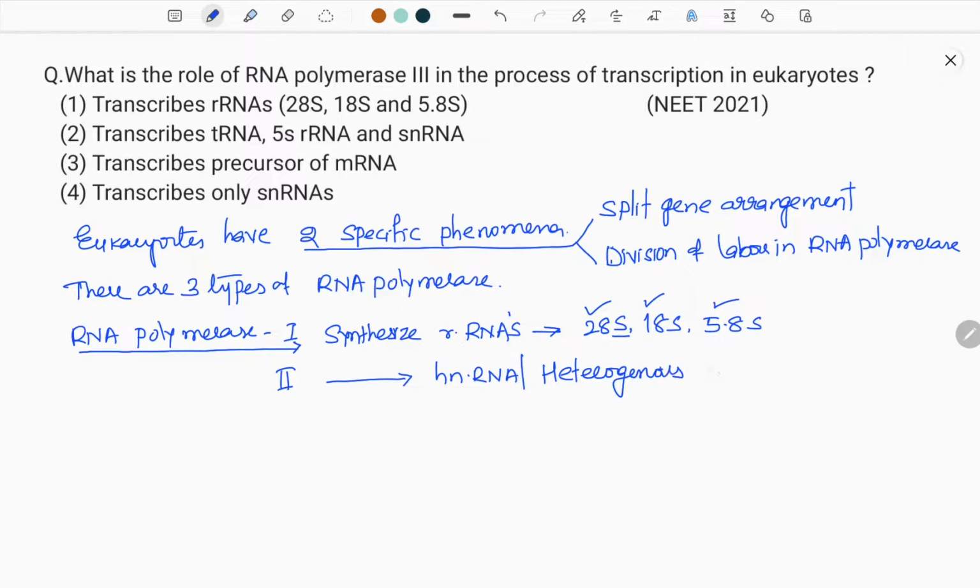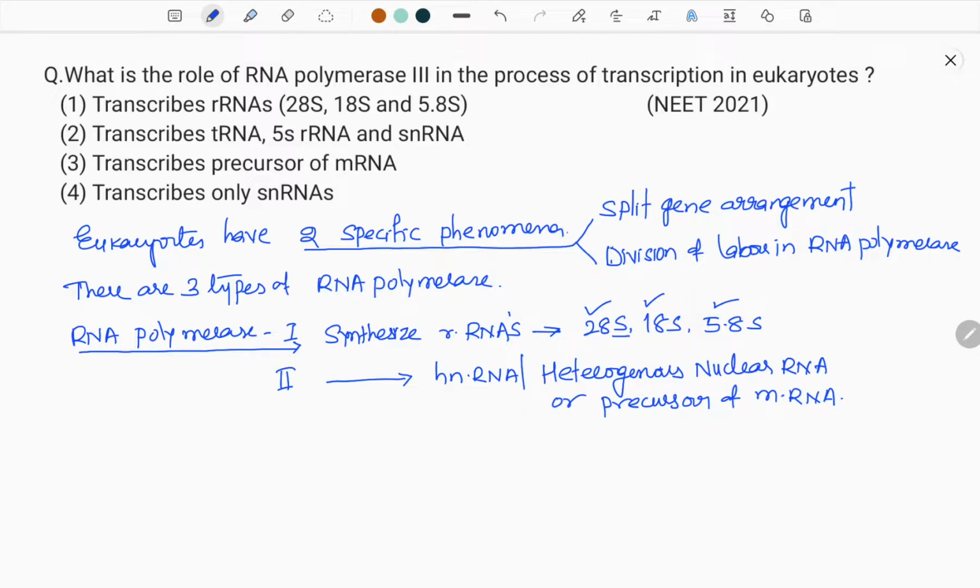Because it contains functional and non-functional sequences. Functional sequences are called exons, non-functional sequences are called introns. So we call it heterogeneous nuclear RNA or hnRNA, or the precursor of mRNA. Precursor of mRNA means mRNA is formed from this heterogeneous nuclear RNA.